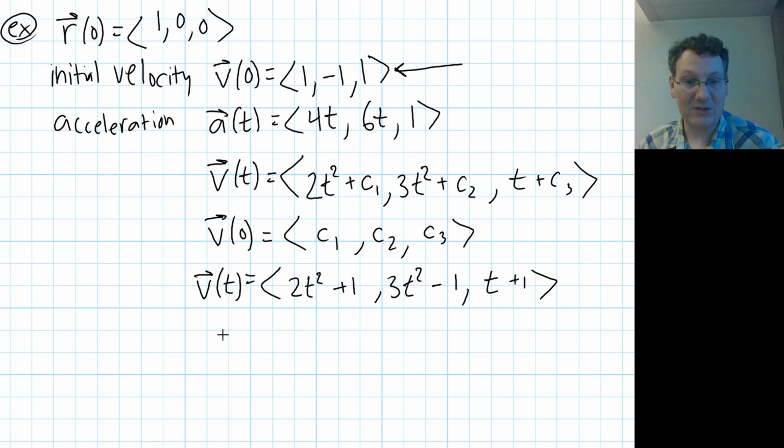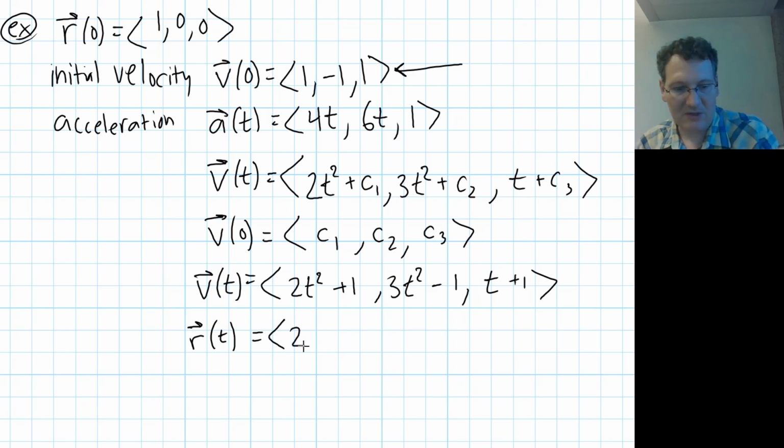Now I can integrate a second time to get the position vector, again with constants. It's going to be 2/3 t to the third plus t plus, I've already used my c's, so I'll call these d's, d1.